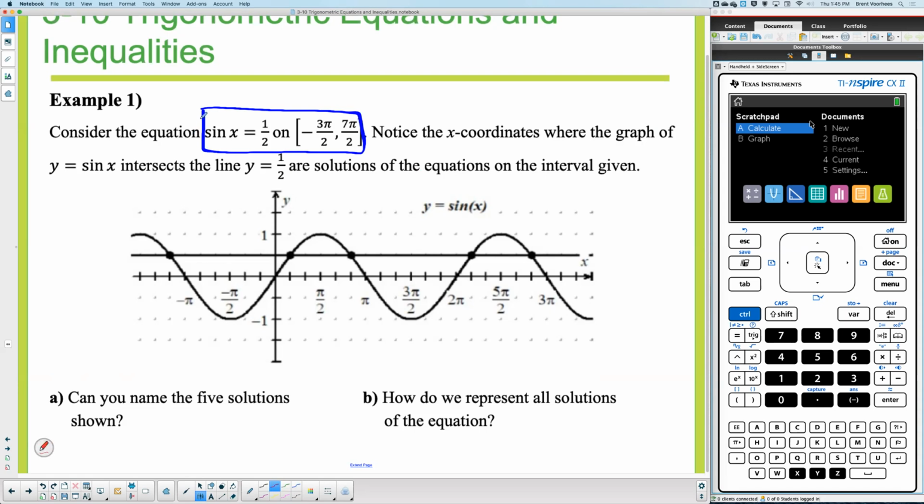Let me explain. Here's how you get solutions by graphing. You want to write this down. Solutions by graphing. Step 1, you will graph y equals the left side of the equation. Step 2, graph y equals the right side of the equation.